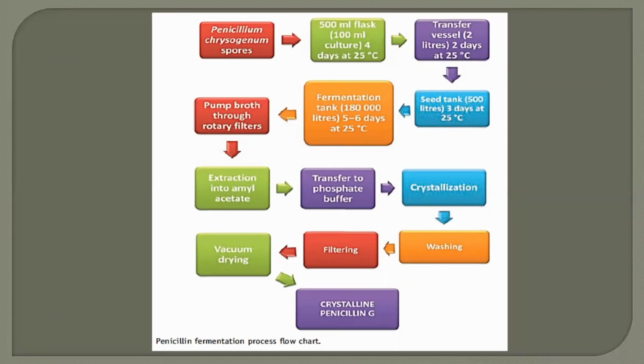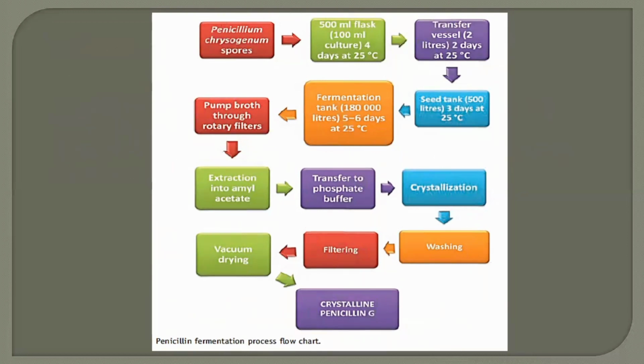Summary of the fermentation process. You first take the Penicillium chrysogenum spores, and secondly, you place the spores into a 500 ml flask containing 100 ml culture, and you leave it for 4 days, and the temperature should be maintained at 25 degrees Celsius.